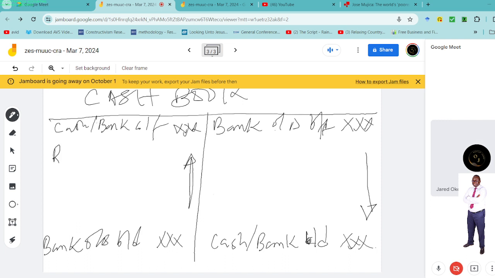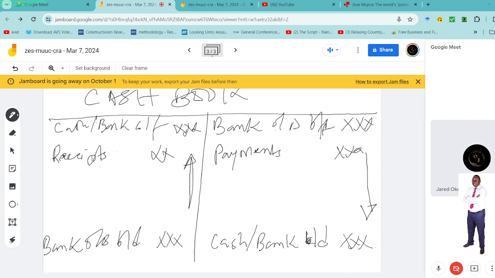All the receipts from debtors will be on that particular side. That means when we make payments to creditors, it will be credited. These receipts will be debited.